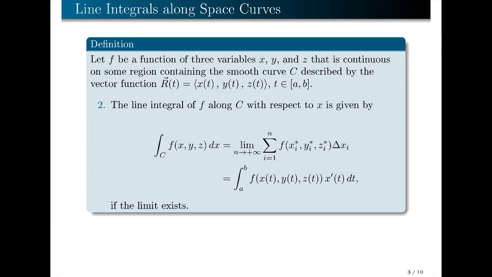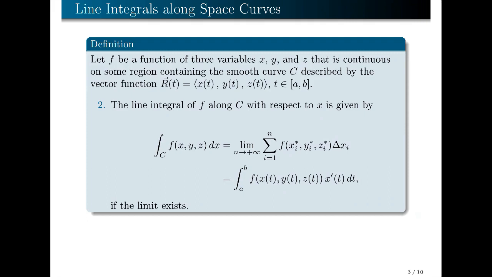We also have the line integral of f along c with respect to x. It is given by the limit of the summation of f of xi star, yi star, zi star multiplied by, just like before, delta xi, where the sum runs from 1 to n and the limit is taken as n approaches infinity, provided that the limit exists.